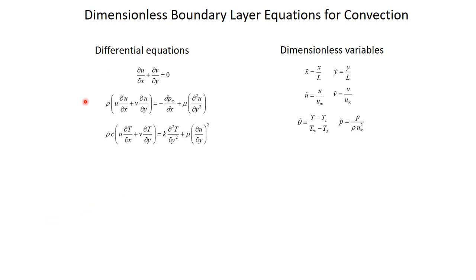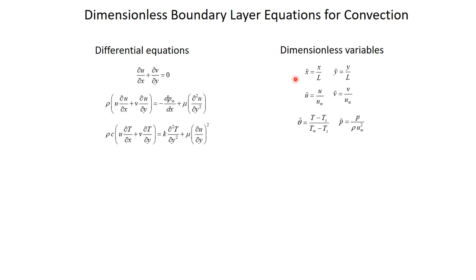So these are our boundary layer equations, and the substitutions that we're going to make are shown over here. So we need a dimensionless position, x and y. So to make x dimensionless or y dimensionless, we only have one length parameter to use, and that's the length of the object. So our dimensionless x position is x over L, and our dimensionless y position is y over L. And just to be clear, any of these variables with a little squiggle over the top, that means dimensionless, right?